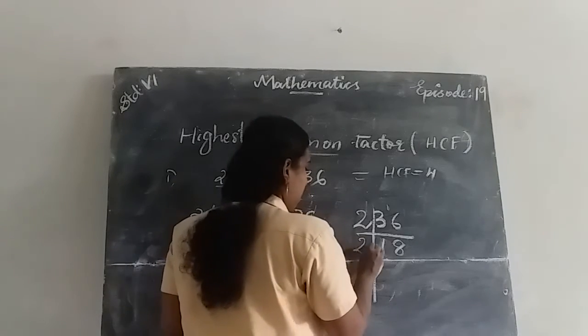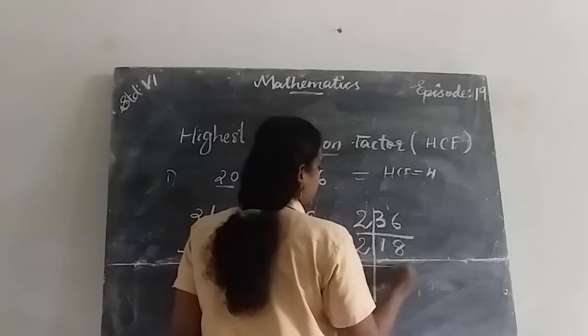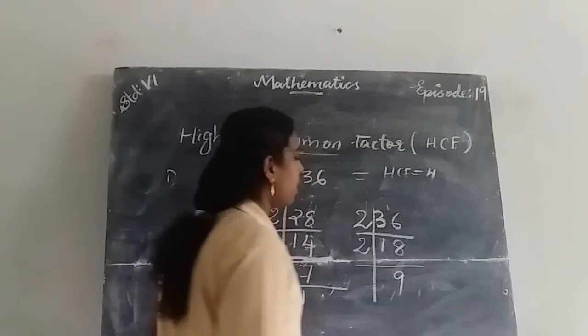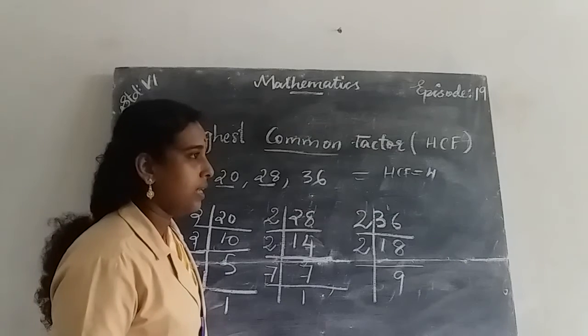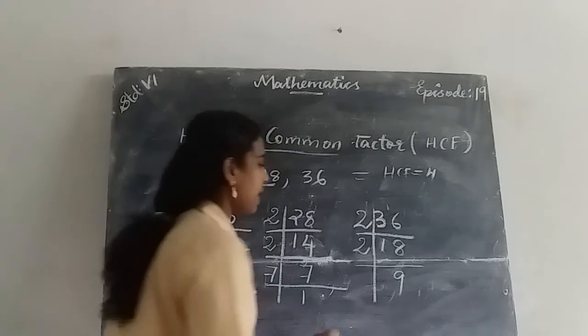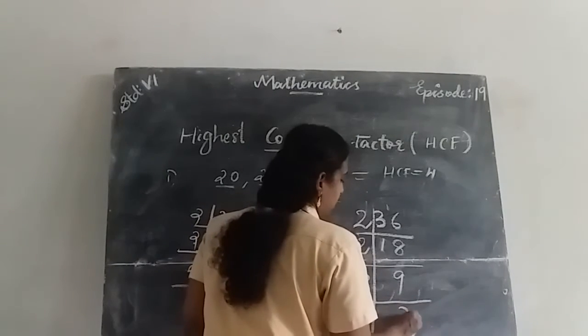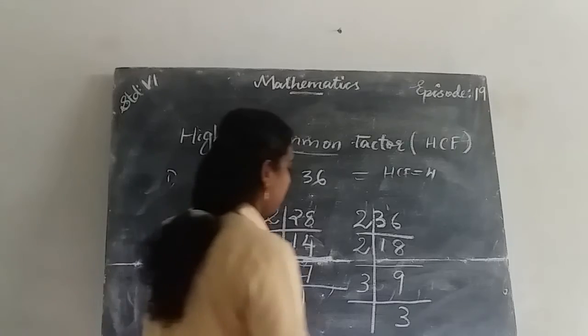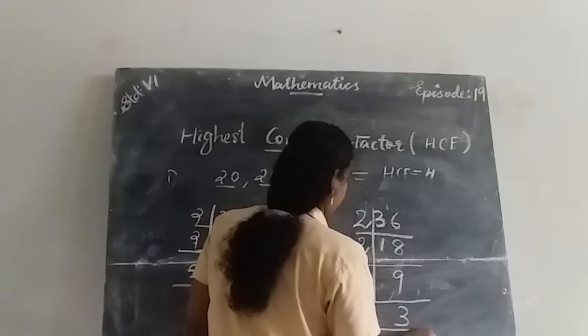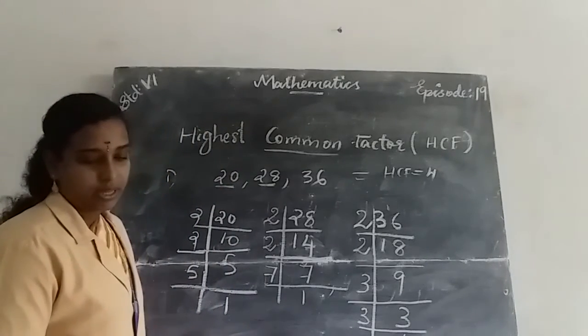Then 18 is also an even number, so we divide 18 by the least prime number 2, then we get 9. 9 2s are 18. Then 9 is not divisible by 2, then the next prime number is 3, so 9 is divisible by 3. Then 3 3s are 9. Then 3 is also divisible by 3, then we get 1.